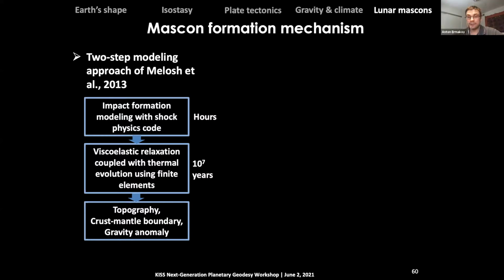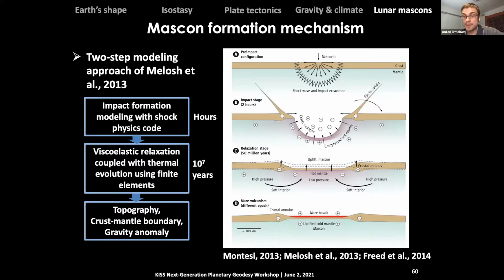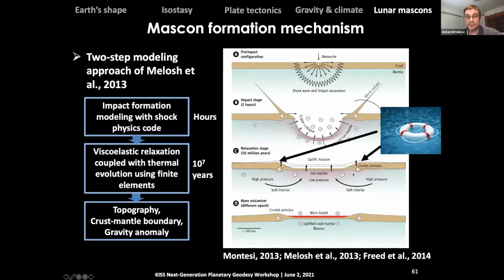So they found that the mascon gravity anomaly pattern results from impact basin excavation and collapse of the transient cavity, which is followed by isostatic adjustment of the basin, and the formation of the lithospheric bridge. After the lithosphere cools, the buoyancy force acts on the annulus of thick crust, which acts essentially as a lifesaver.